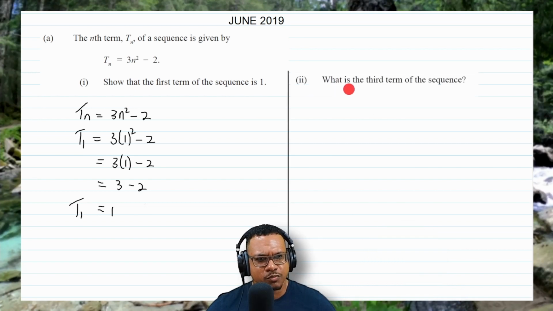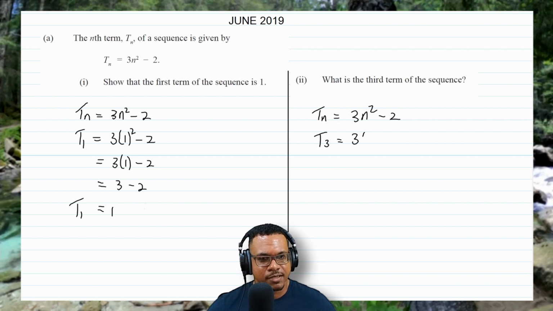Now here for part 2, they want to know what is the third term of the sequence. So just like the nth term is Tn, the first term is T1, the third term will be T3, which will mean replacing the n with 3. So again, I'm going to write Tn is equal to 3n squared, take away 2. So the third term T3 is equal to 3 times 3 squared, take away 2.